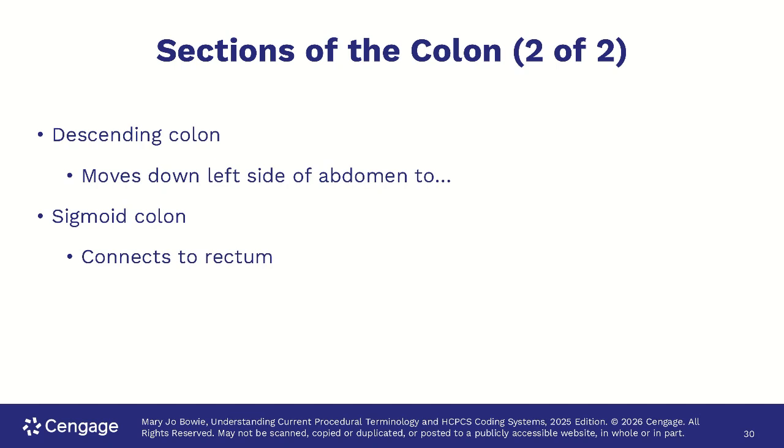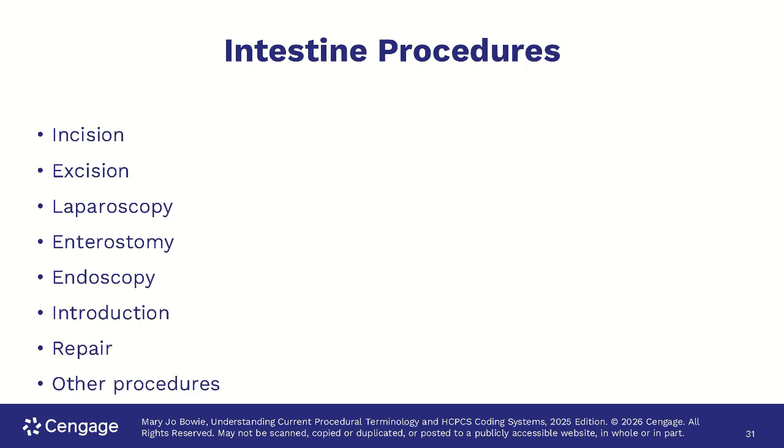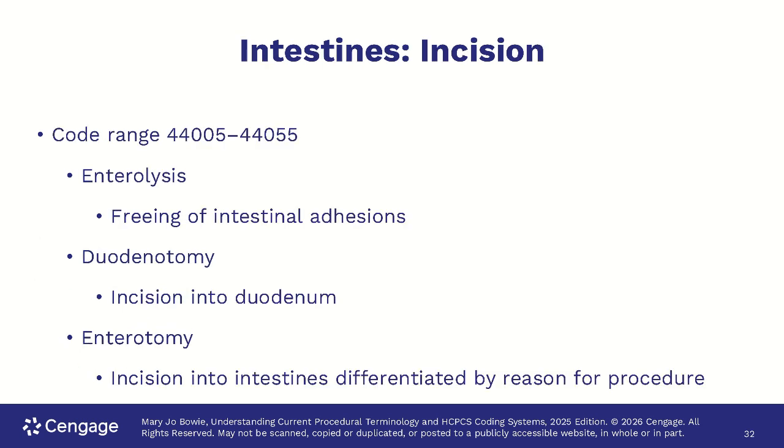So, coding for procedures on the colon is organized into incision, excision, laparoscopy, enterostomy, endoscopy, introduction, repair, and then other procedures. So incision, you're going to see procedures such as enterolysis.